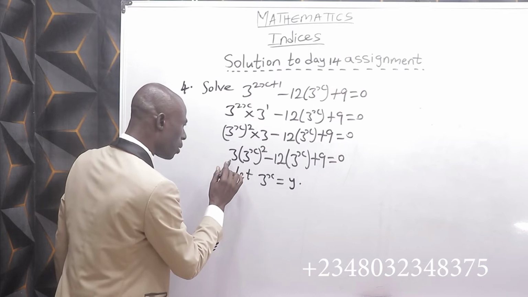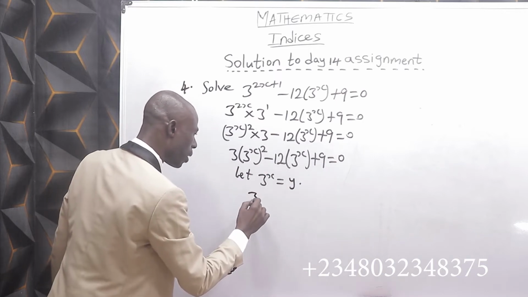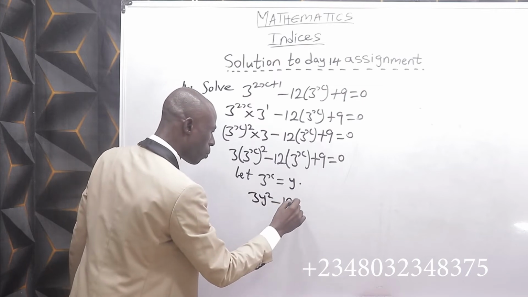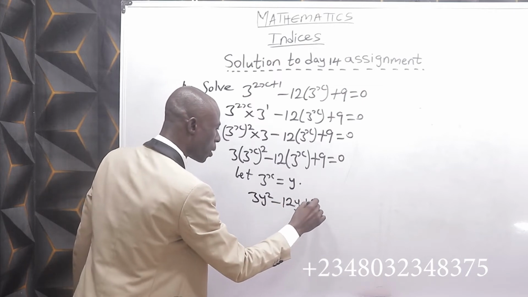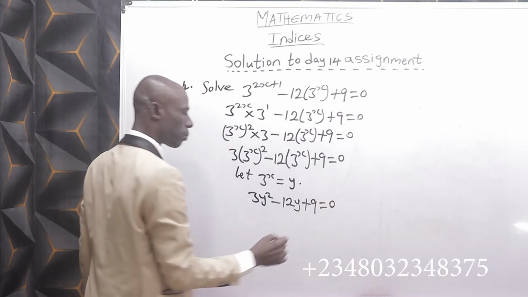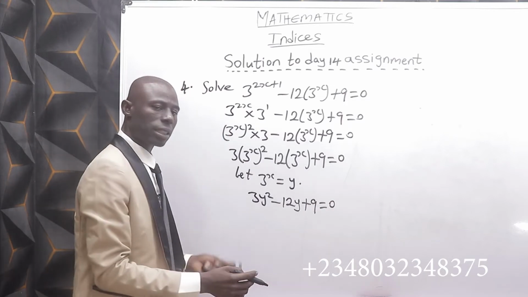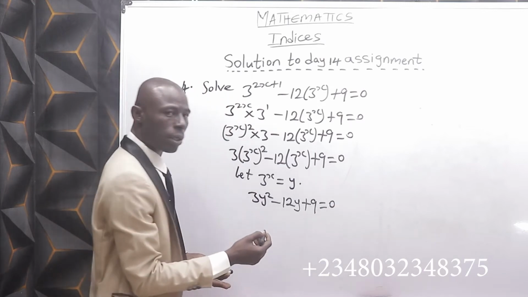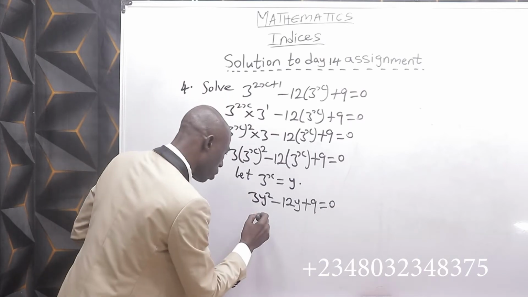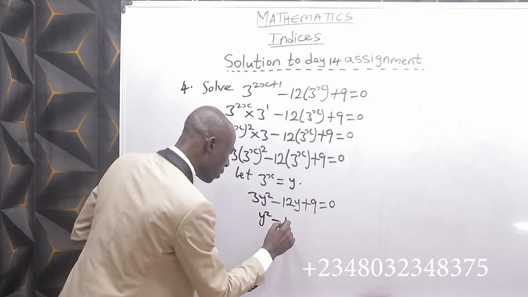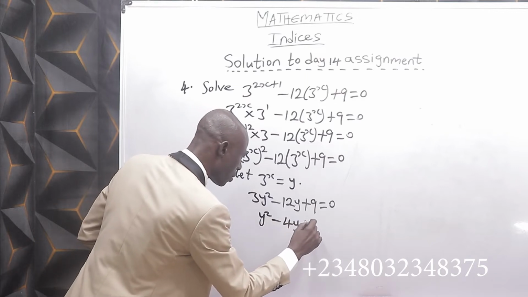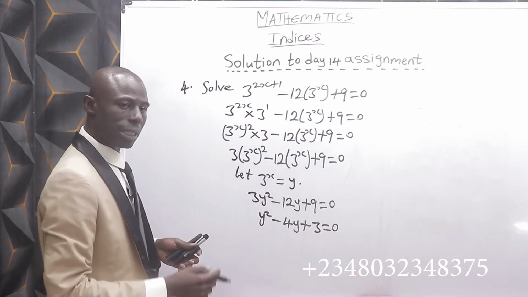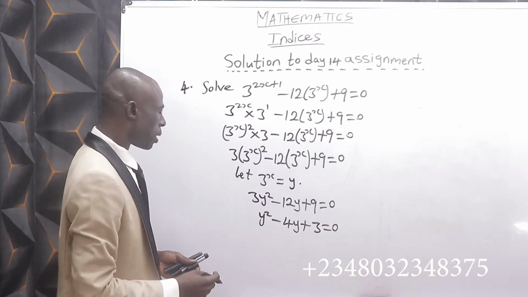So here, to rewrite the equation, I write 3y squared minus 12y plus 9 equals 0. This is a quadratic equation. Something is common to them across. So I divide each term by 3. So to have y squared minus 4y plus 3 equals 0. So solving this quadratic equation is all we need now.